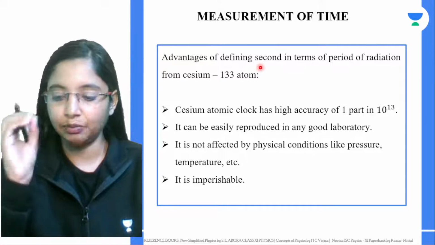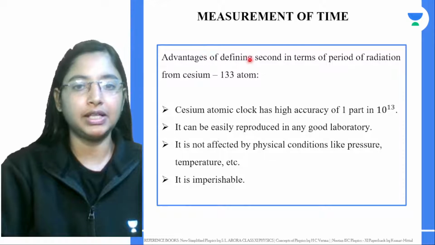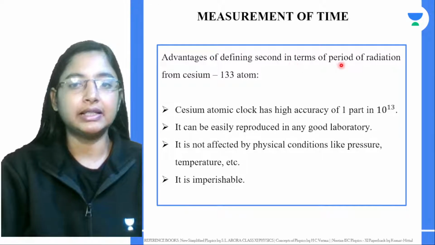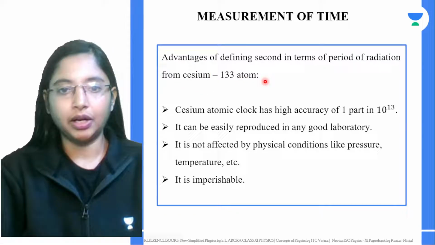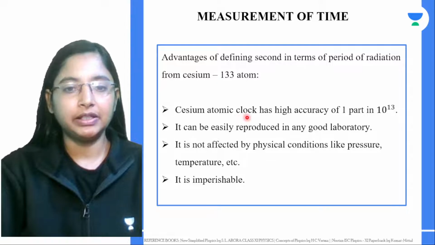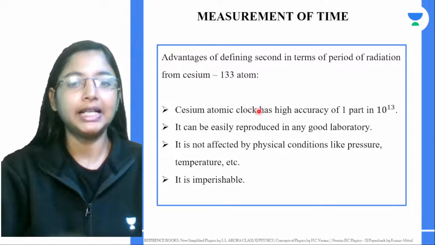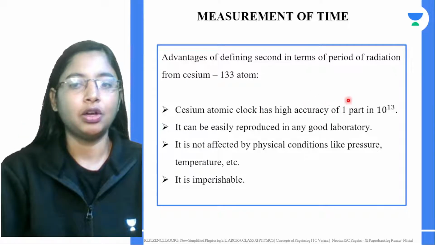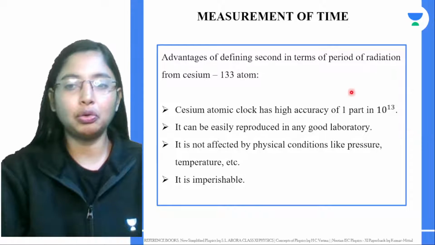Now, since we are saying that the period of vibration of the cesium-133 atom is taken as the most accurate standard of time, it becomes important for us to define the advantages of defining the second in terms of the period of radiation from the cesium-133 atom. The cesium atomic clock has a very high accuracy, 1 part in 10 to the power of 13. The accuracy is so high.